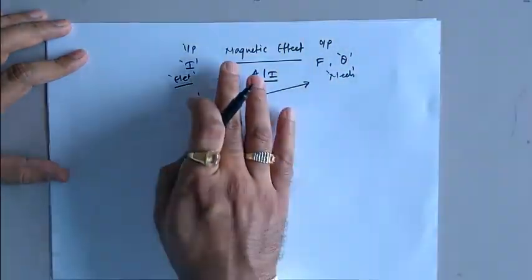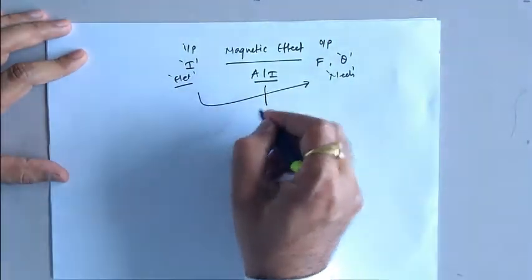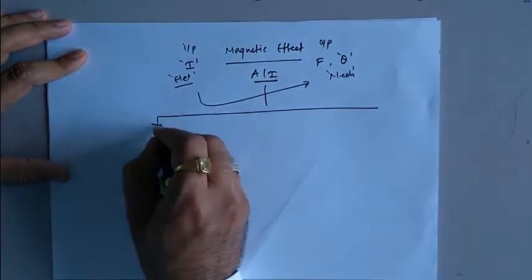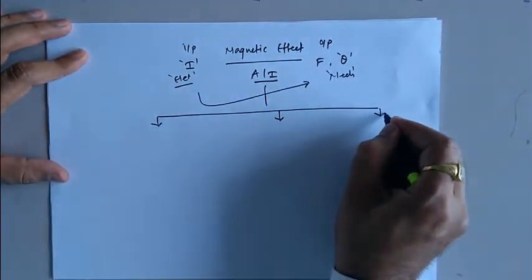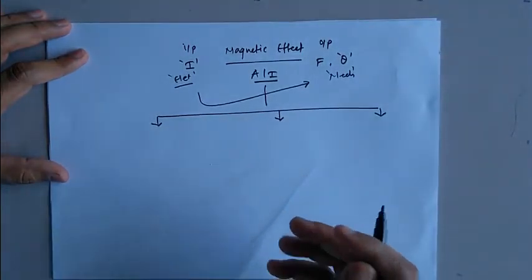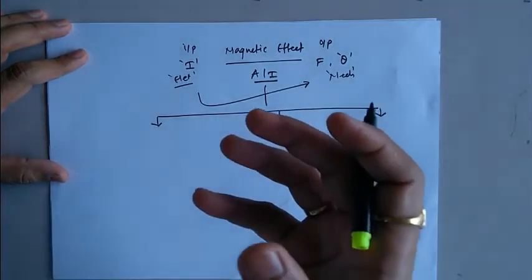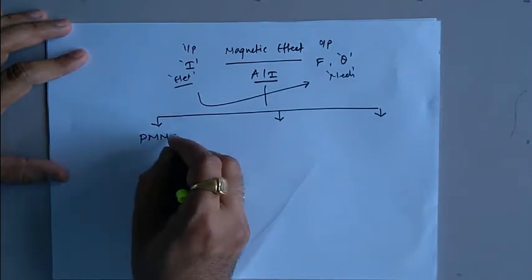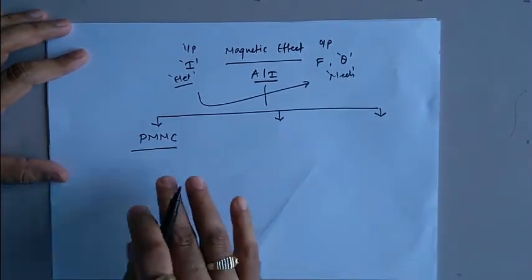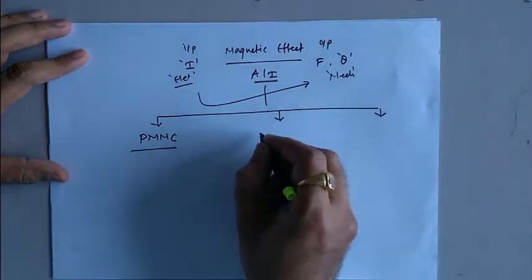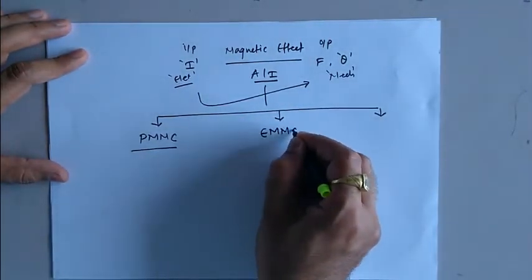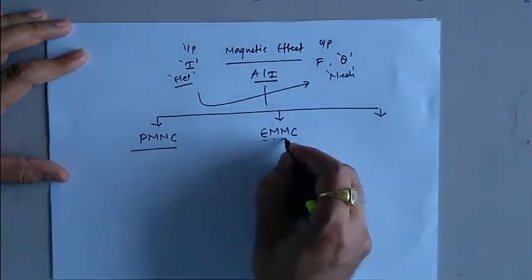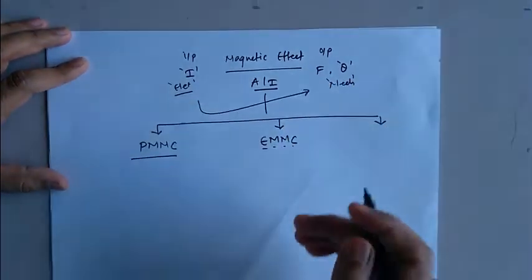And magnetic effect based analog instruments are further classified into 3 main domains, depending upon which quantity they are going to use. First one is called PMMC, which is permanent magnet moving coil instrument. Second one is called EMMC, which is nothing but electromagnet moving coil type analog instrument.